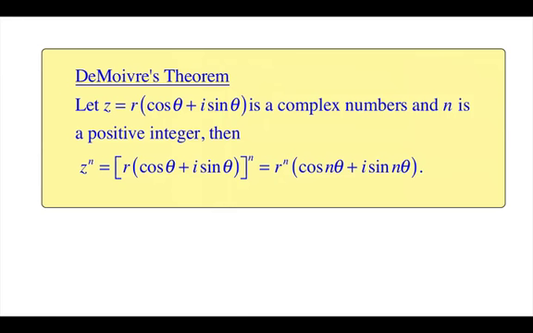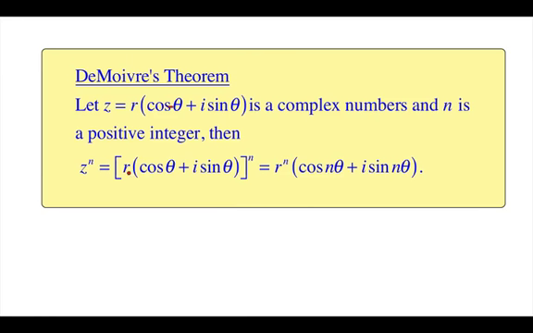This is De Moivre's theorem. Very nice formula. So you have a complex number, and we can express any complex number in trigonometric form. So whenever you have a complex number raised to a power, this is what you can do. Express the complex number in trigonometric form and then apply this formula.